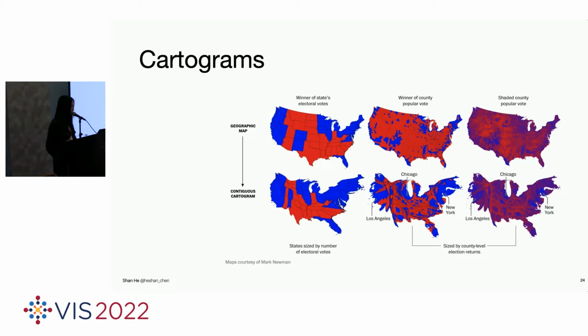So people distort the US map so the size of each state is relevant to the numbers they try to represent. You can make Chicago larger if the number of votes in Chicago is larger.